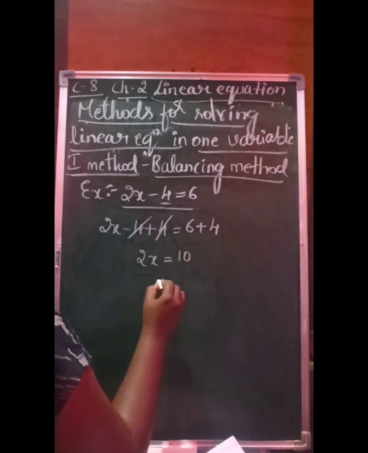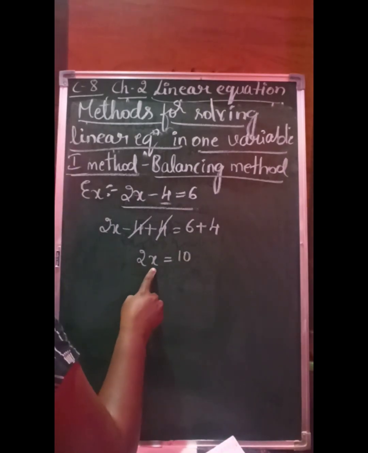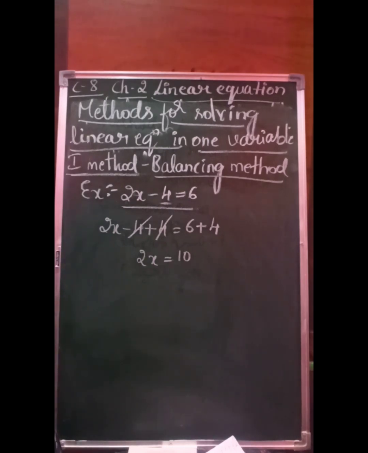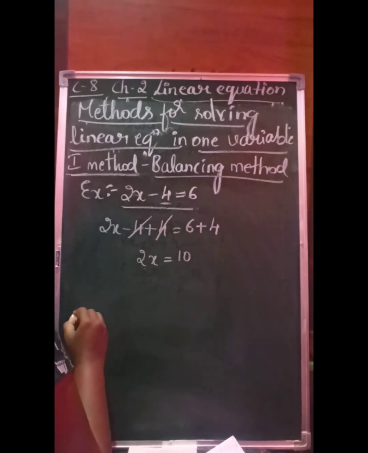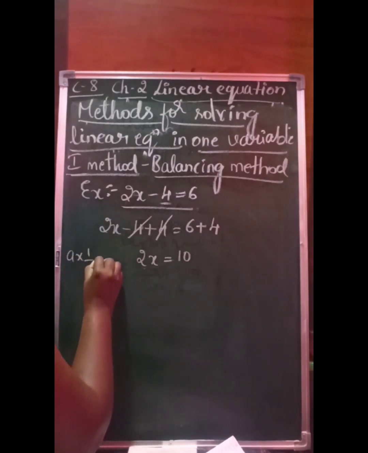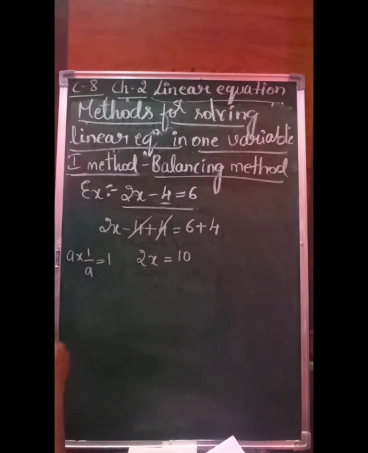Now I want to cancel this 2 to get the value of x, right? So for that what do I have to do? Here there is a multiplication sign in between these two. As we know, we have to consider the reciprocal to get 1, right?